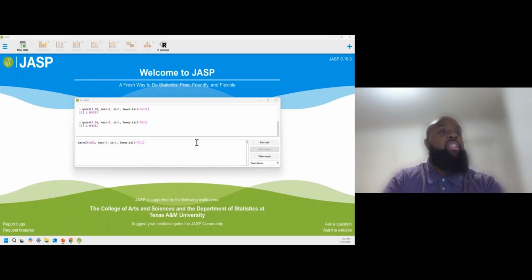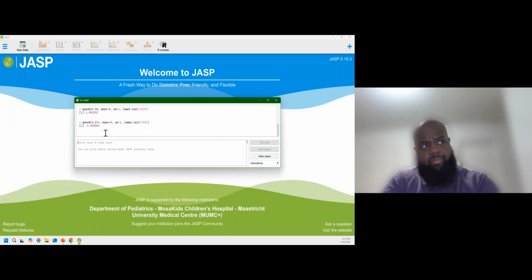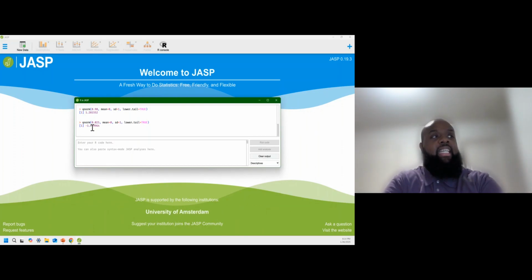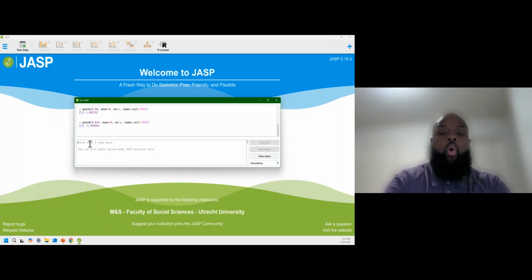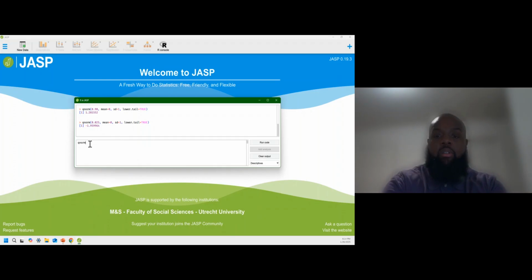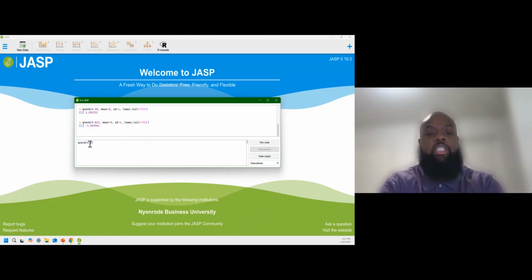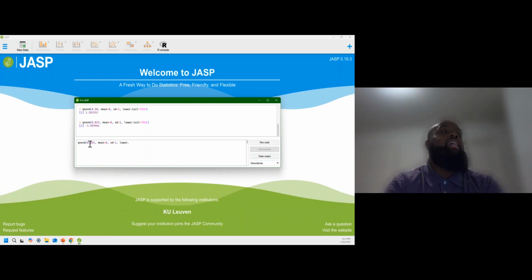All right, let's go to JASP. Let's run this code. And notice here, I get a negative 1.96 approximately. So I should expect, when I do Q norm and I do the upper tail using that same probability of 0.025, lower.tail equals FALSE, notice here, when I run my code, I'm going to get the positive.